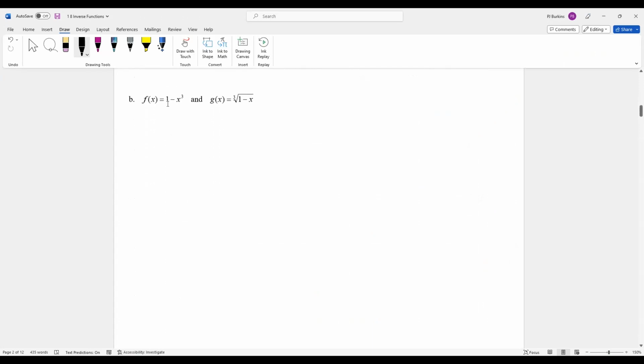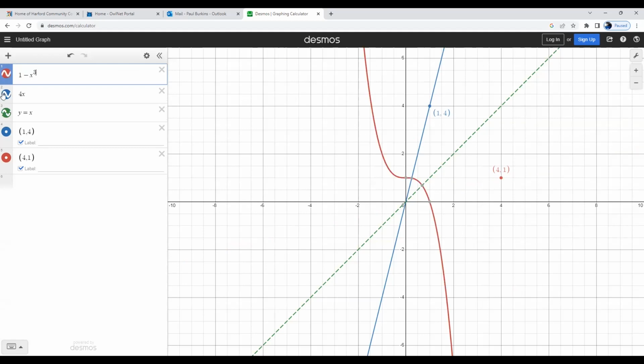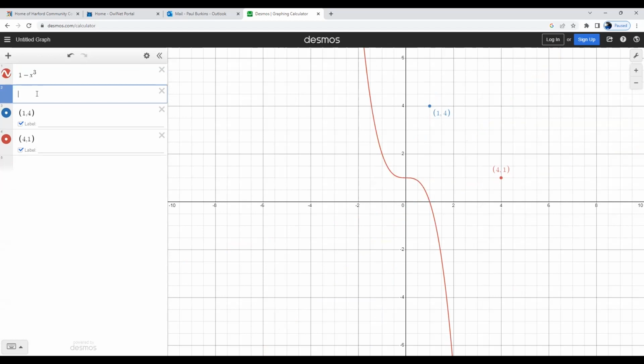Here's another example. We have 1 minus x cubed and the cube root of 1 minus x. So let's go back over here and put in the new equations. So we have 1 minus x cubed. And then we want the third root.